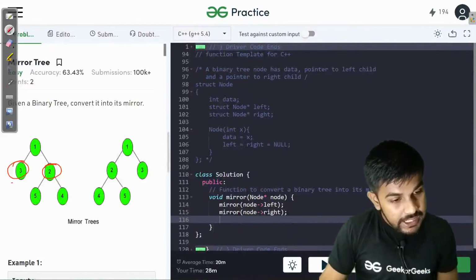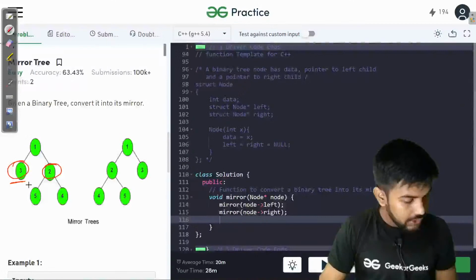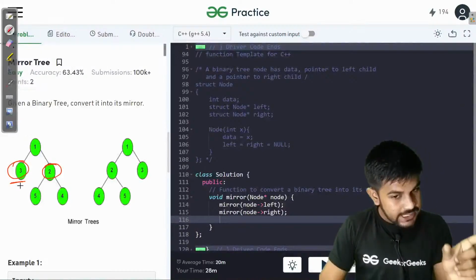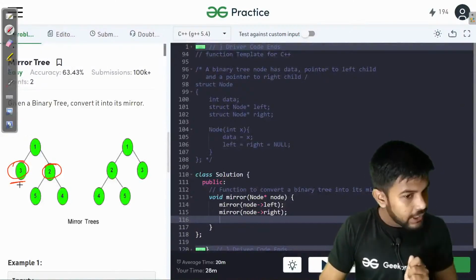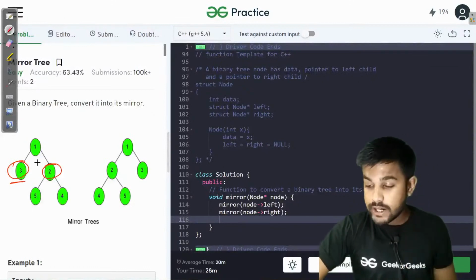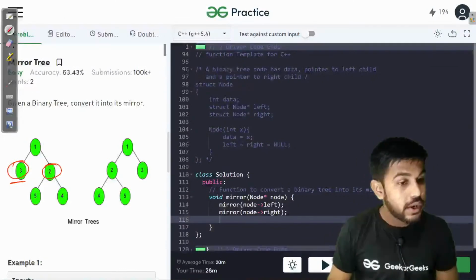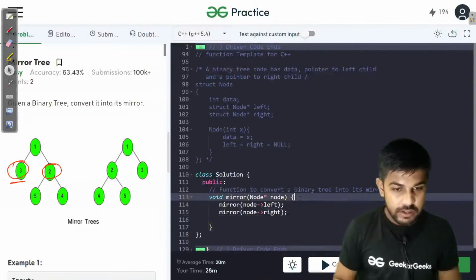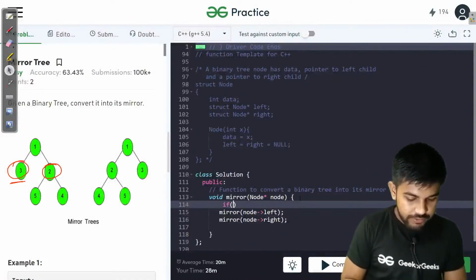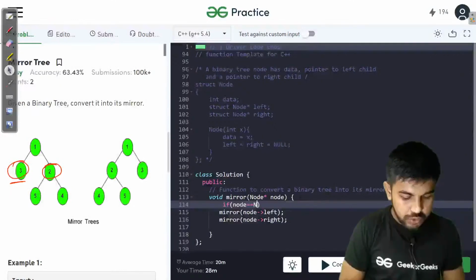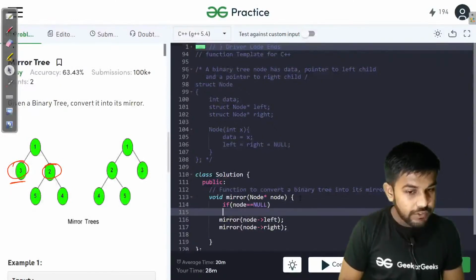That we are at the leaf node. A leaf node's left or right child would be null. So if node is equal to null, then we simply return.